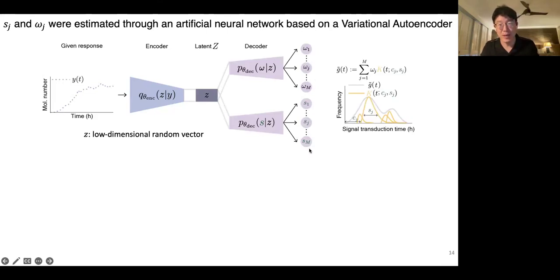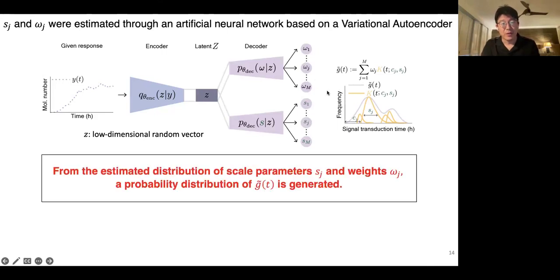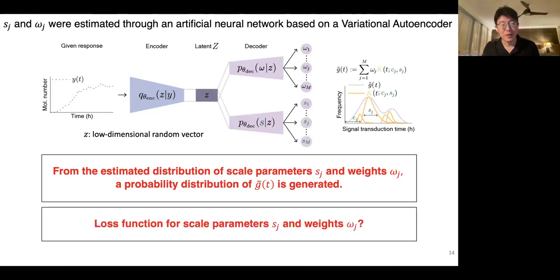From these omega and s parameters, we can construct the time delay distribution. Then from this time delay distribution GT, now we have to decide a loss function for the scale parameter Sj and omega j.